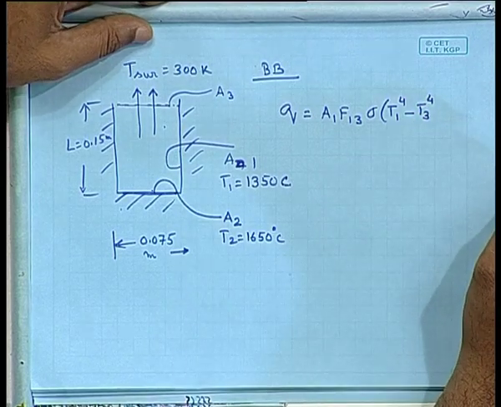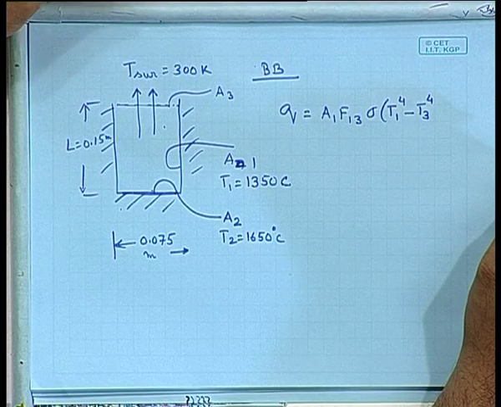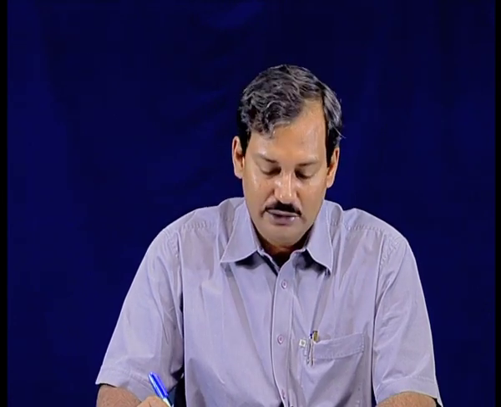This is the formula which we derived just before: if two black bodies are there, then the net amount of heat exchange between the two surfaces would be simply this one. Which other surface should we consider? Between 2 and 3.